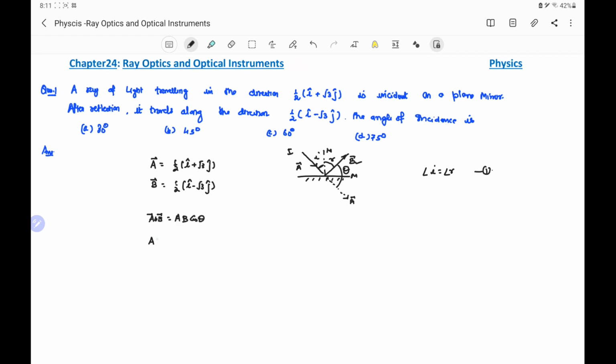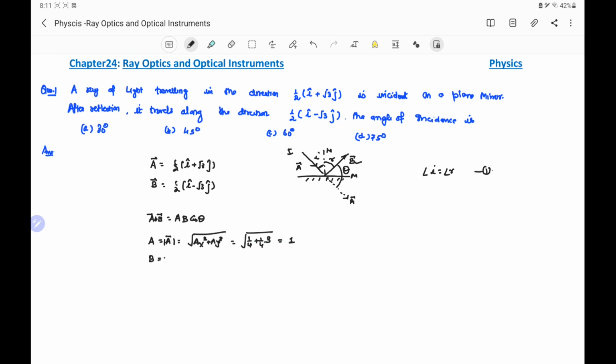The magnitude of vector A is the square root of ax squared plus ay squared, which equals the square root of 1/4 plus 1/4 into 3. So it will simply be 1.